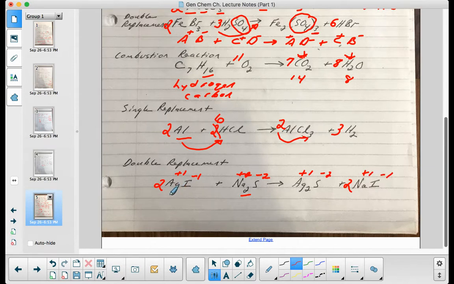So this one's a little bit easier to see how the plus and minus switch partners. So the positive silver here is going to pair up with the negative sulfide on the product side, and the positive sodium is going to pair up with the negative iodide on the product side. So it's switch partners. That's all it is.